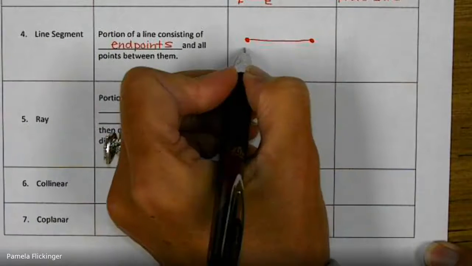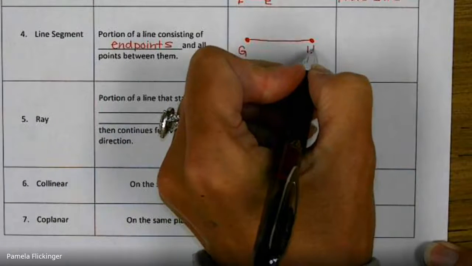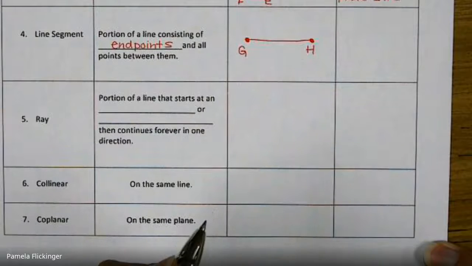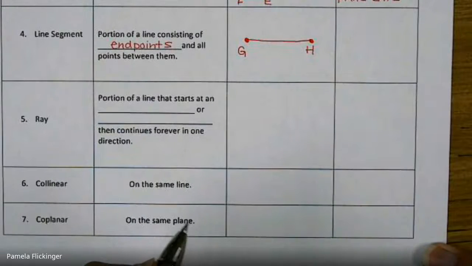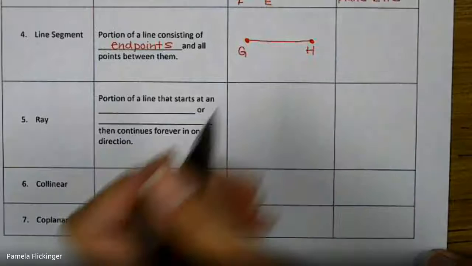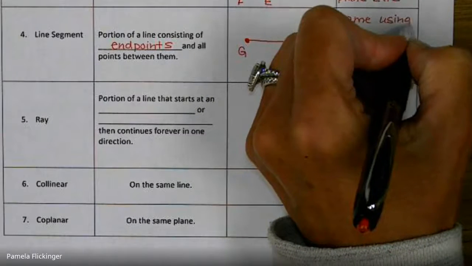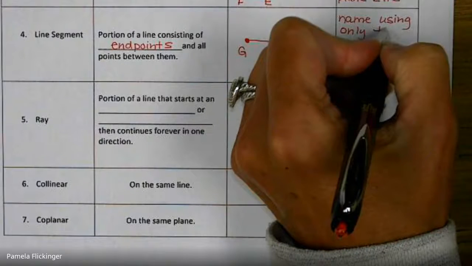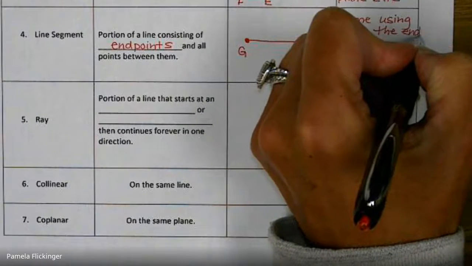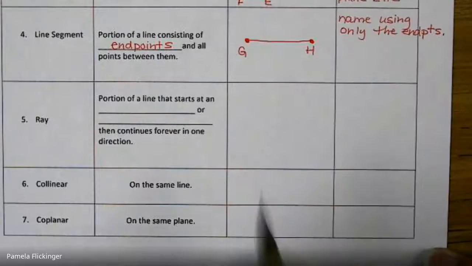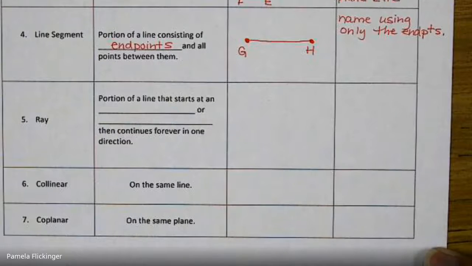These endpoints, which I'll call G and H, are the only 2 letters that you can use to name a segment. So you're going to name using only the endpoints. It's my little abbreviation for endpoints.